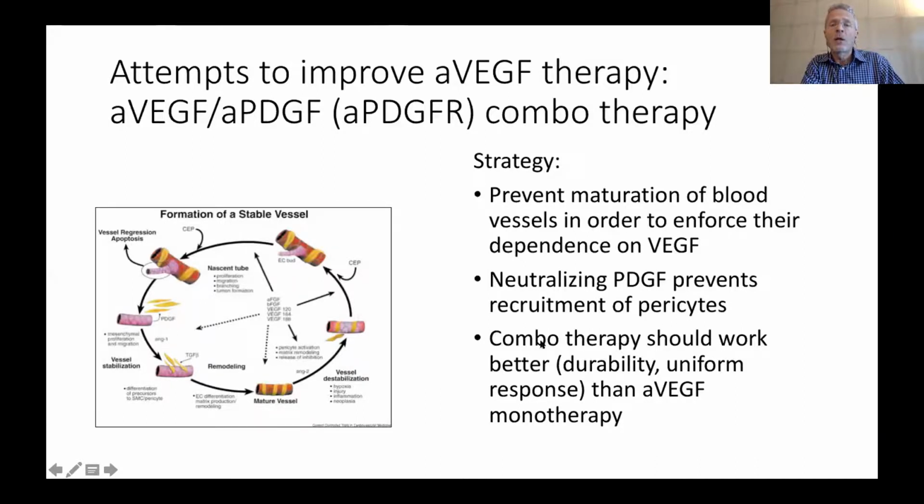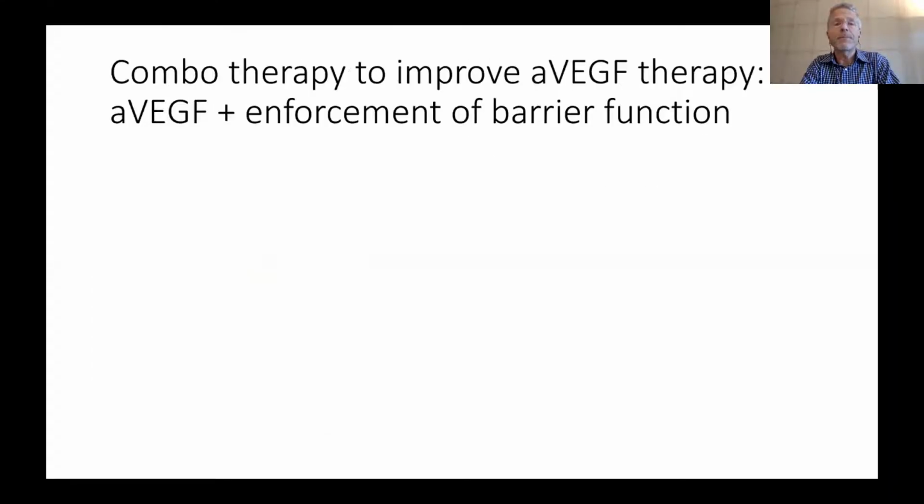And so the idea is that combo therapy should work better because it will enforce the dependence on VEGF, and therefore anti-VEGF should work better. A couple of drug companies tried this and found that combo therapy was not better than monotherapy, and this particular approach to combo therapy has been abandoned by those companies.